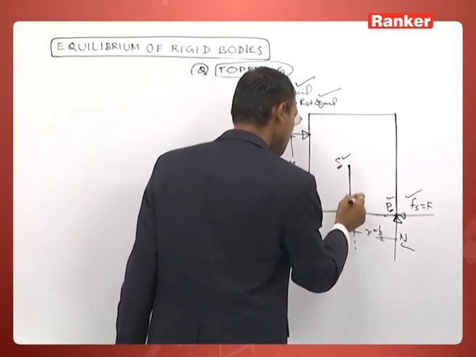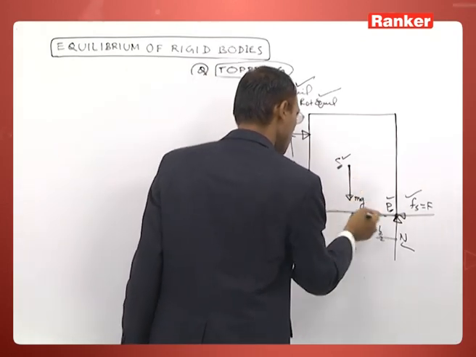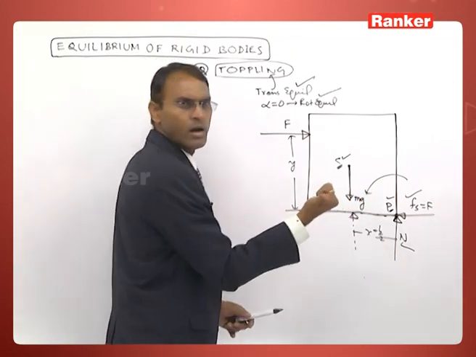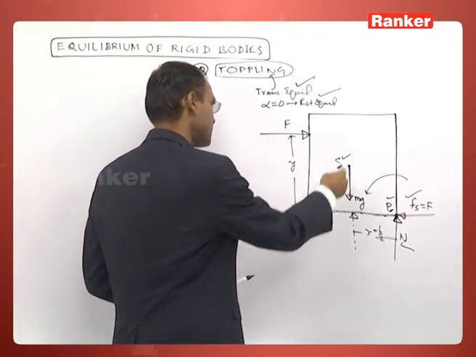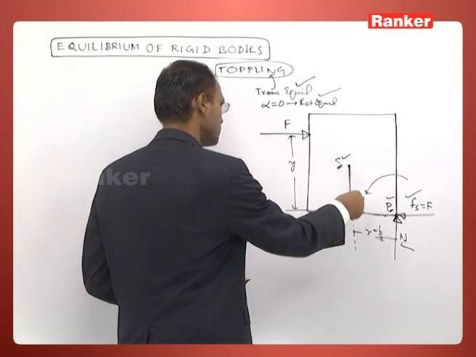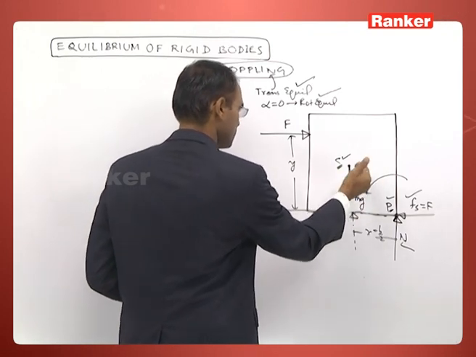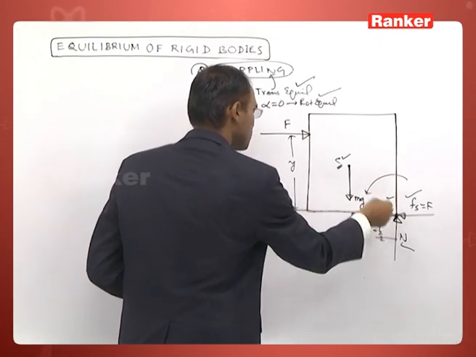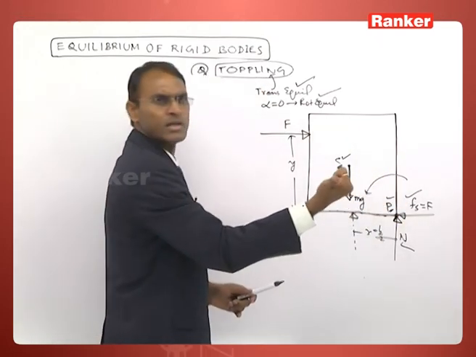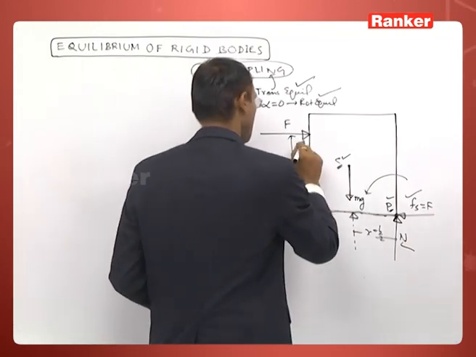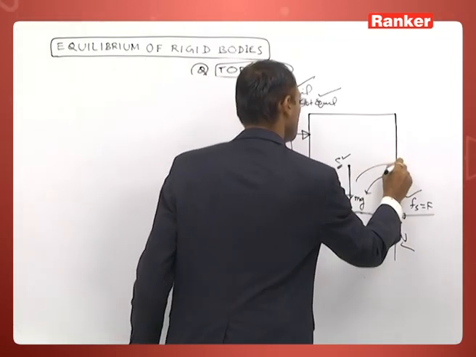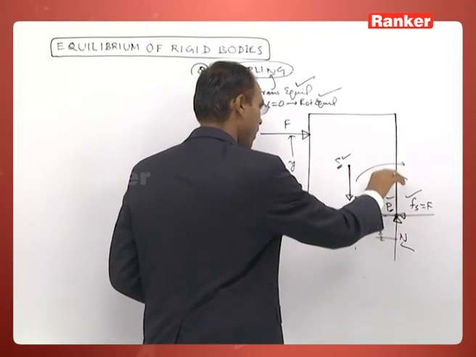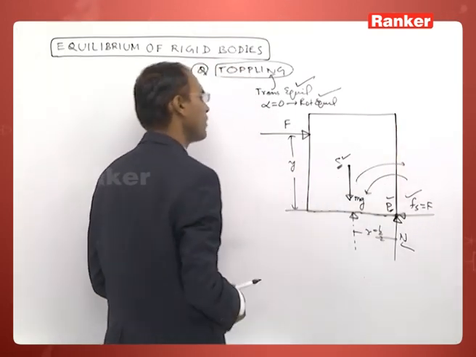The gravity produces the torque in anticlockwise manner because the gravity tends to rotate the box about this point in anticlockwise manner, and the applied force tends to rotate the box about this point in clockwise manner.